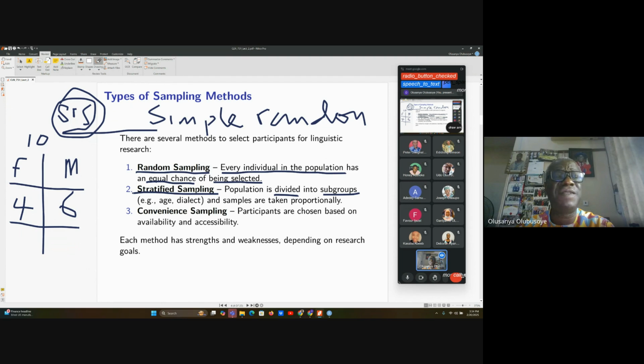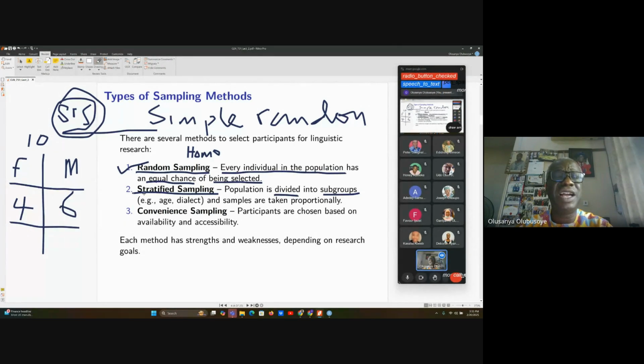So in stratified sampling, you have to look at the population. If the population is homogeneous, I'm sure you know what we mean by homogeneous, they have the same demographic feature, then apply simple random sampling.